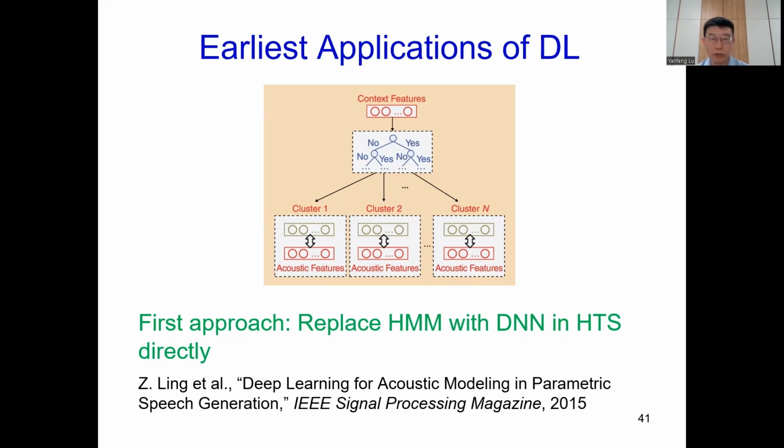So the first approach is to replace the HMM modeling with the deep neural network model directly. As we can see here, people are still using the decision tree first. But in the clusters, instead of using the hidden Markov model to model the phones, they use a DNN instead. So that's the first approach in the application of deep learning methods in TTS.